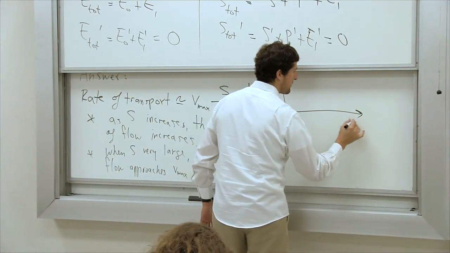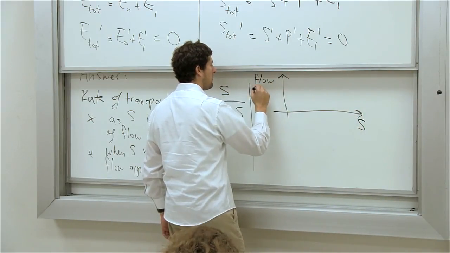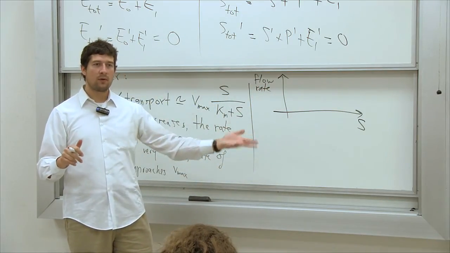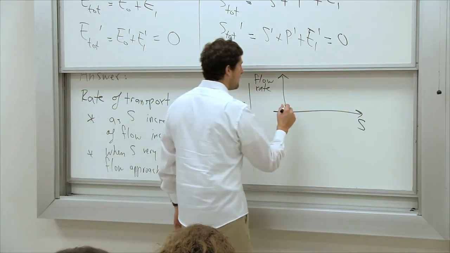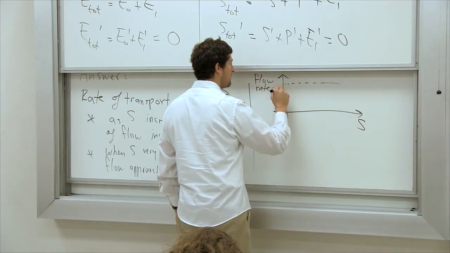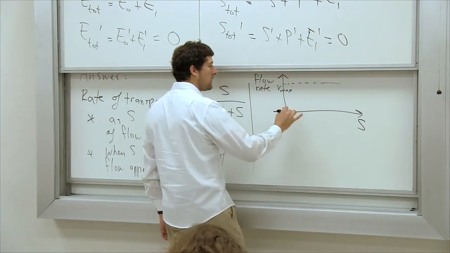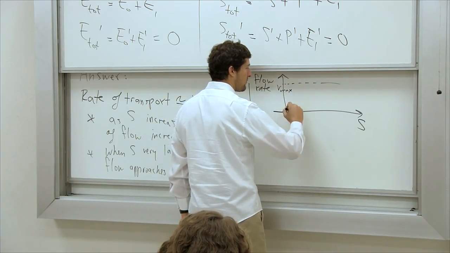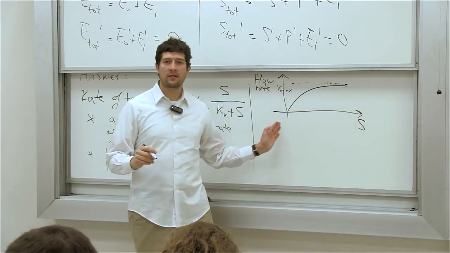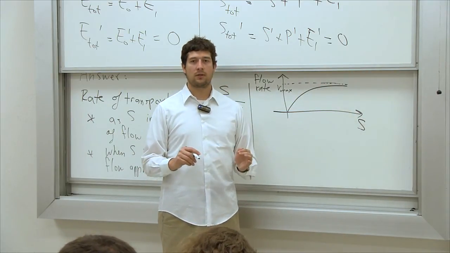So let me draw this as a graph. This is the flow rate, meaning the transport rate from the outside to the inside of the cell. And here is Vmax. The flow rate starts at 0 for S equals 0, and as S increases it starts going up, but it does not go beyond a certain point.